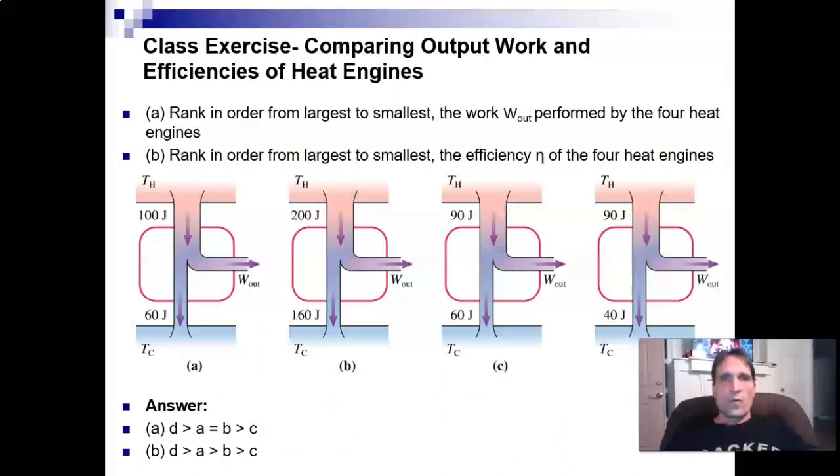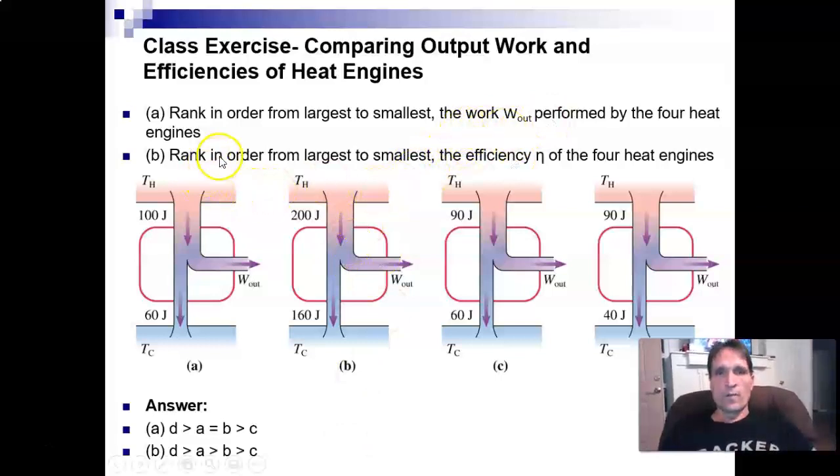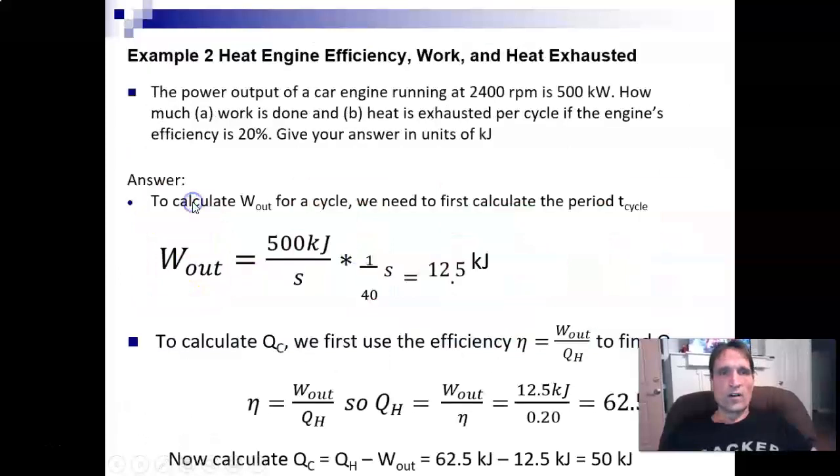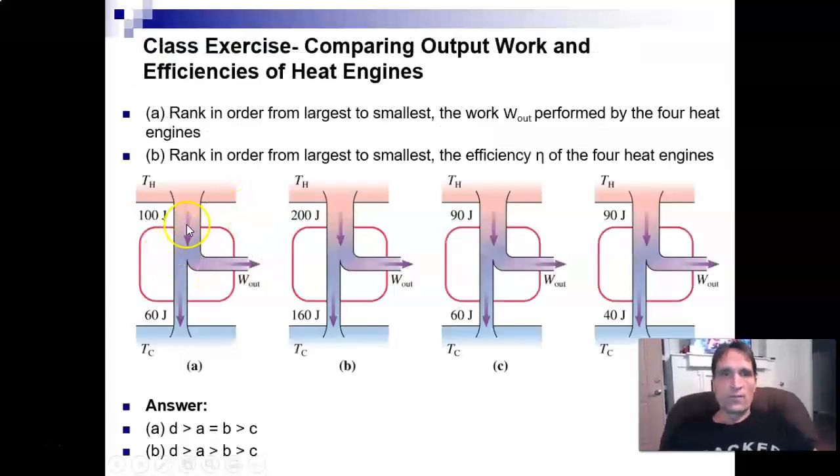So we're going to rank from largest to smallest the work output performed by the heat engines, and then the efficiency, which is the output work over the heat in. Each of these four engines, the Q hot, Q cold, and the work are drawn on this heat transfer diagram.